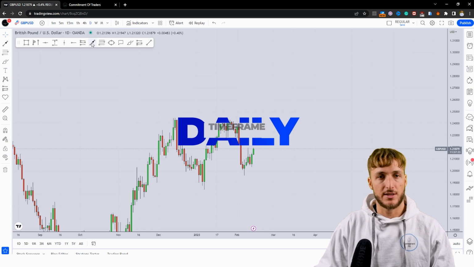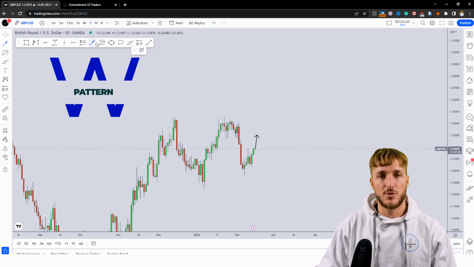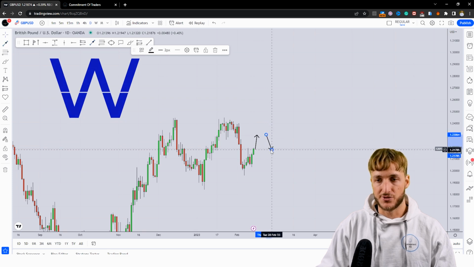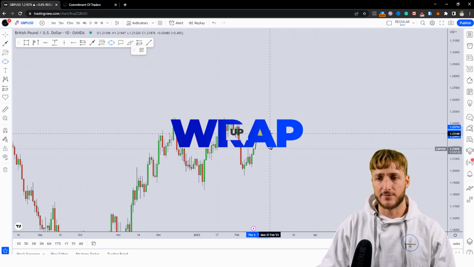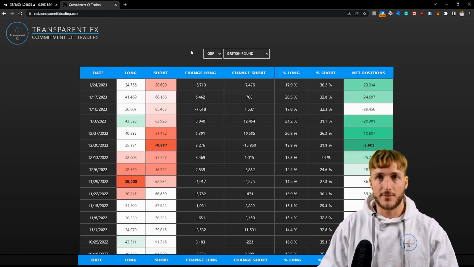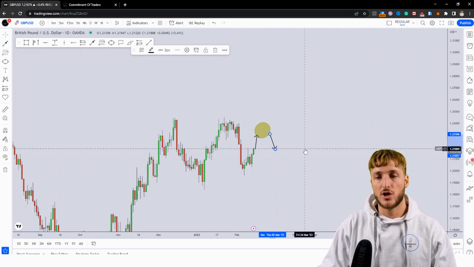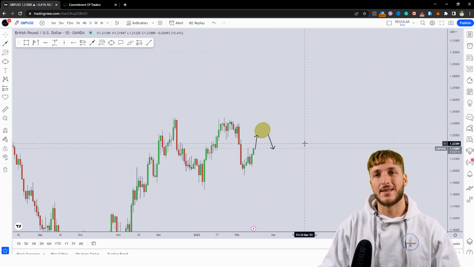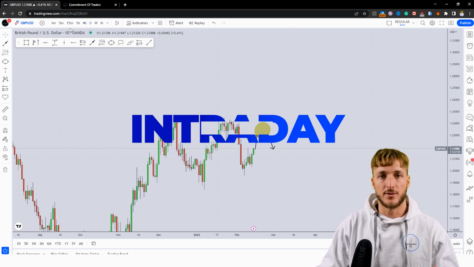So in a situation like this, if we will actually have the creation of this W formation, we could be approaching a potential reversal lower. Now, as usual, trading is reactive and not predictive. The monthly, weekly, and daily combined with the COT data, those are the best time frames from a directional perspective. However, when it comes to confirmations and entries, the best time frames are the intraday time frames, so 4 hour and lower.